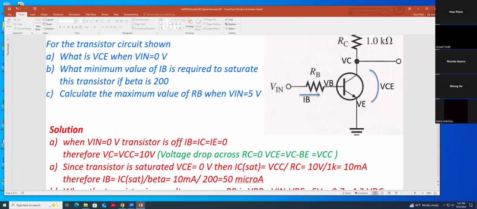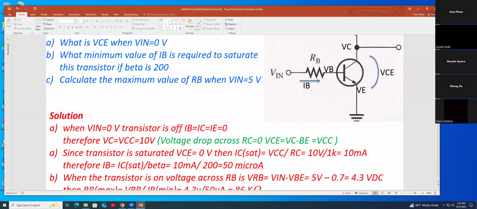Therefore, VC equals VCC equals 10, and the voltage drop across RC is 0. VCE equals VC minus VE, that equals VCC. Then when the transistor saturates, VCE is 0.